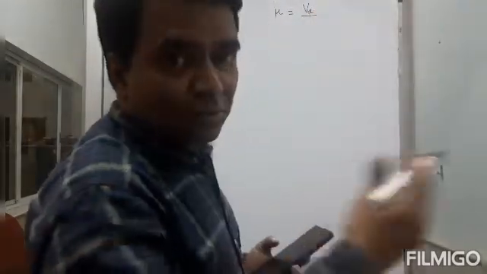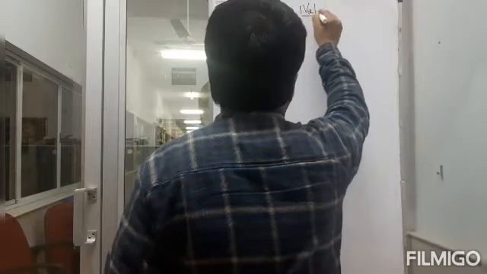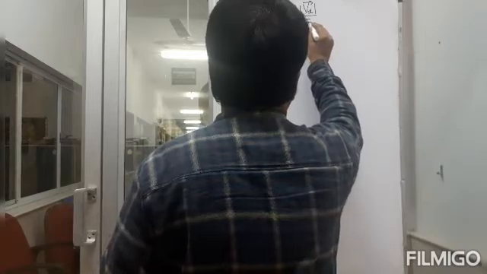In this case, we'll just take the speed. You won't take the direction, so you just take the magnitude. Drift velocity divided by E.